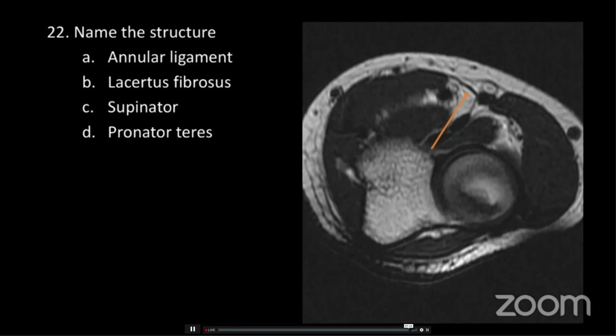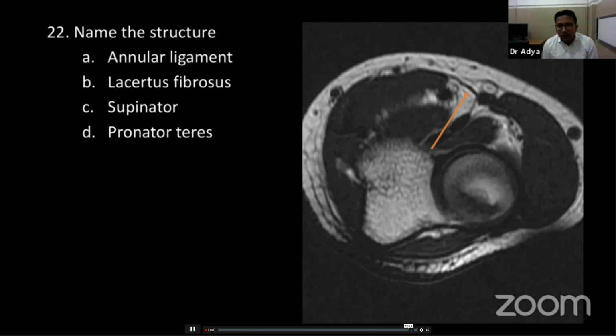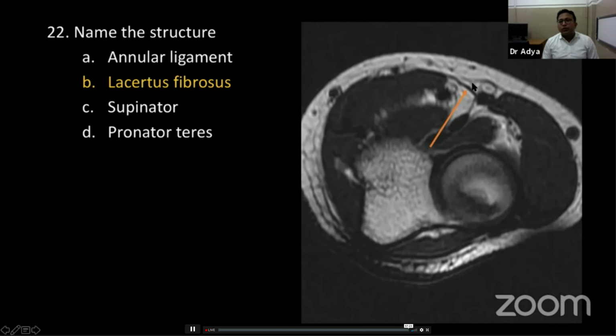So 80% people are saying it's option B. Yeah, that's correct. The answer is B, lacertus fibrosus, also known as the bicipital aponeurosis. This is nothing but a condensation of fascia which holds the biceps tendon.